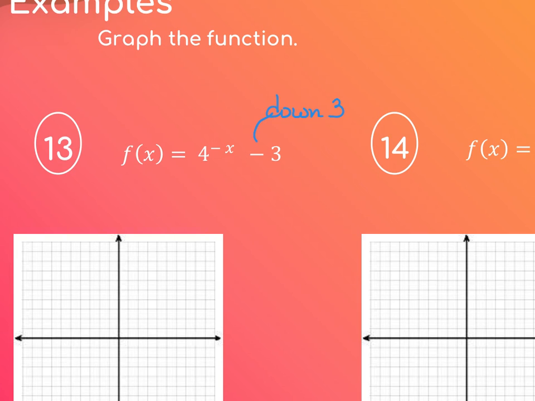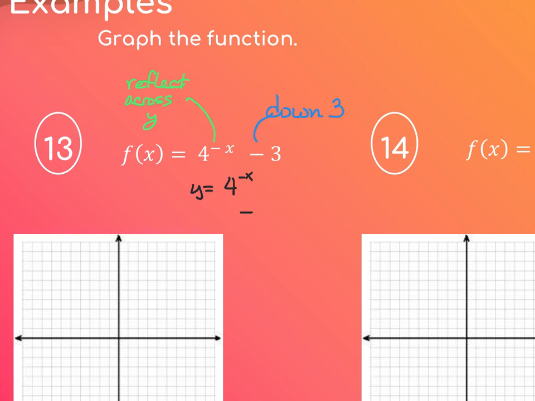But this one is going to be reflected across y. So instead of swinging up to the right, it'll go up to the left. So let's first graph this one. And then we'll just shift the points 3 units.